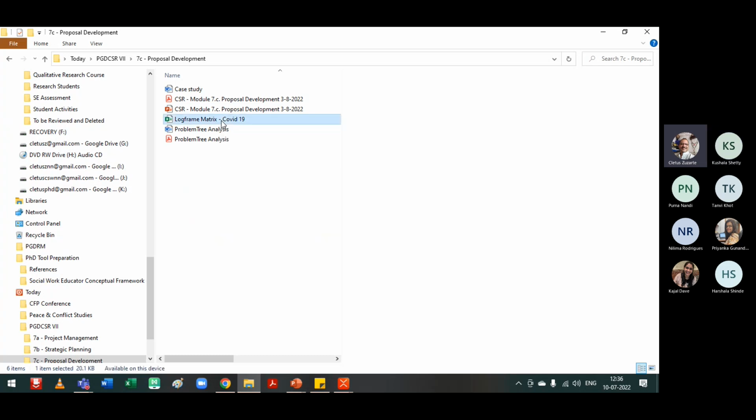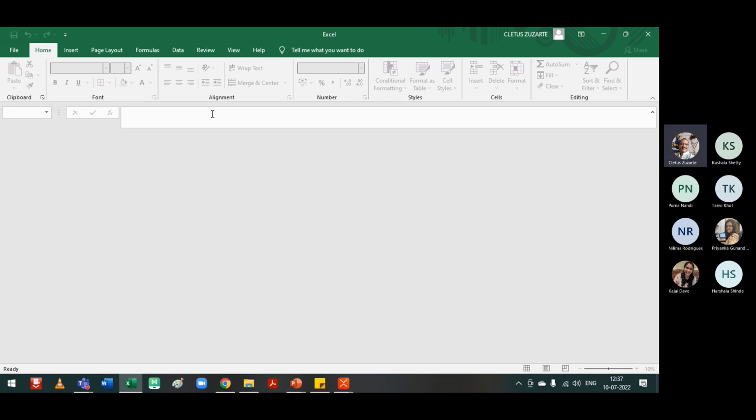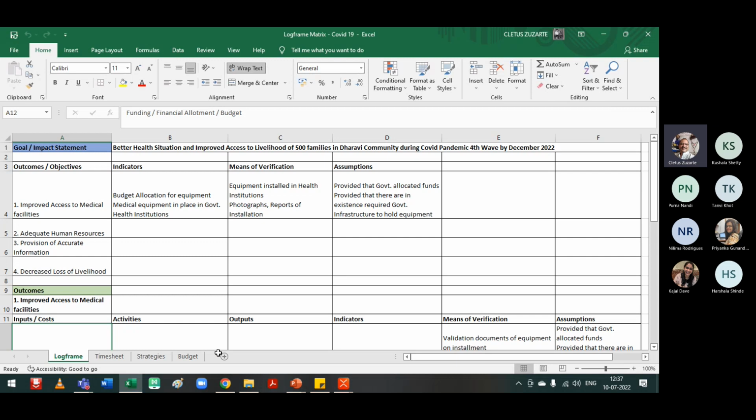This is what we did in the last class. Okay, so in the last class we looked at this log frame.